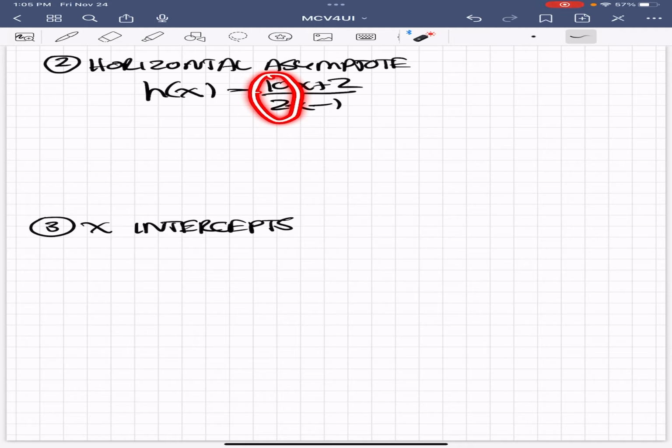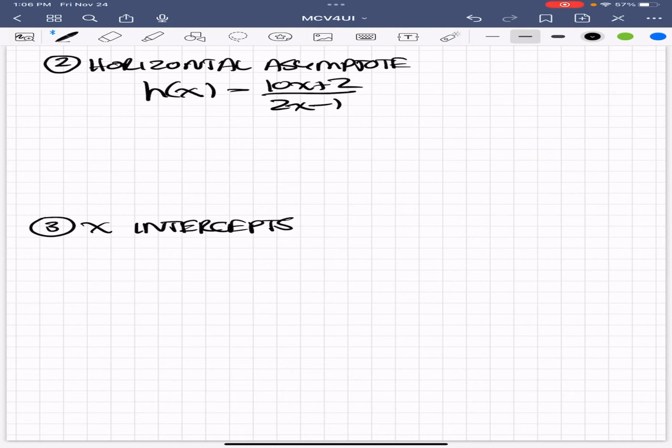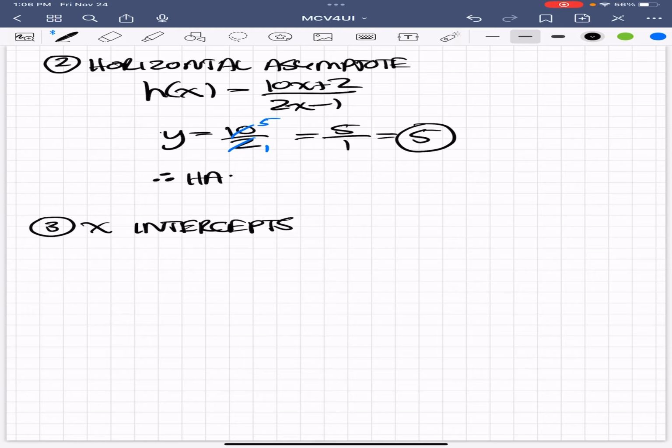So it's the leading coefficient, which is 10 over 2. 2 goes into 2 once, 2 goes into 10 5 times, so it's 5 over 1, which would be 5. So the HA would be y equals 5.